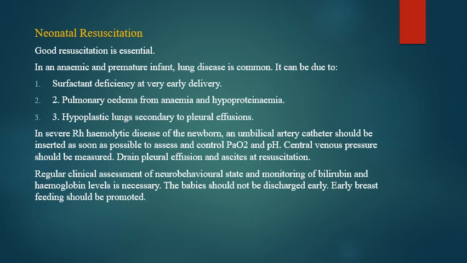In severe hemolytic disease of the newborn, an umbilical artery catheter should ideally be inserted as soon as possible to assess and to control the oxygen saturation and pH level. Central venous pressure should be measured and pleural effusion and ascites should be drained.